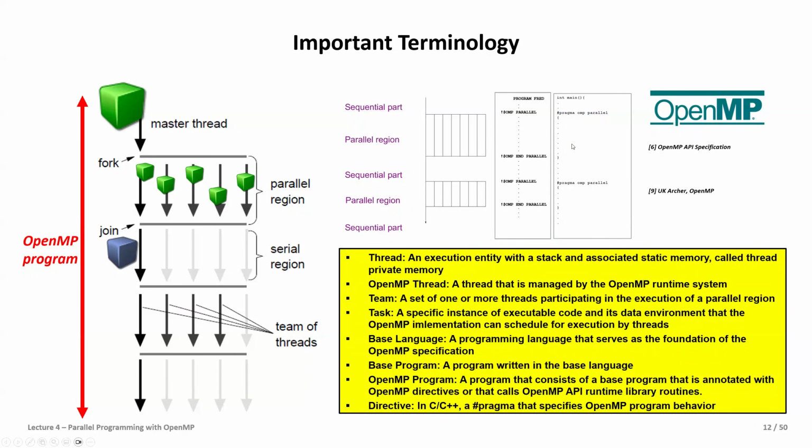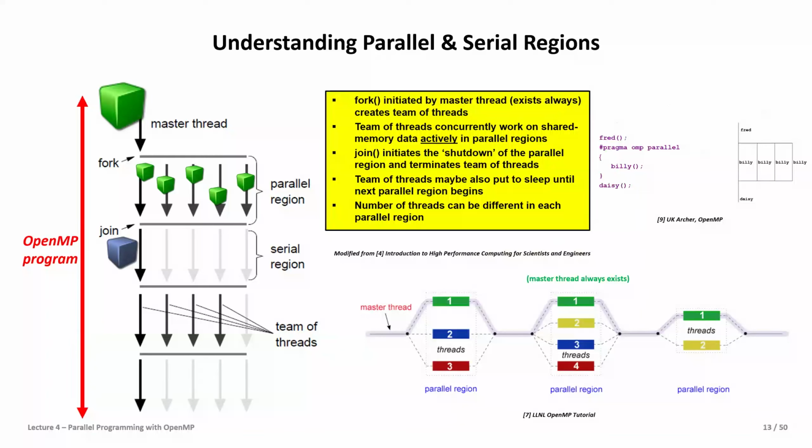Still, the C code needs to be programmed in a way that this is actually possible, and we will make some points on it. Important is also to understand not only the serial regions versus parallel regions, but also that the master thread has a life that goes through the whole OpenMP program. So it's a backbone, right, of the OpenMP program, where you have the master thread here, parallel regions with 3 threads or something. You see that nicely depicted here.